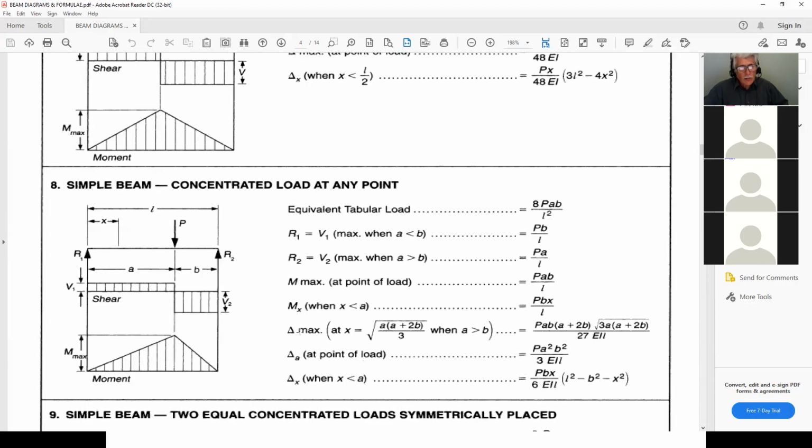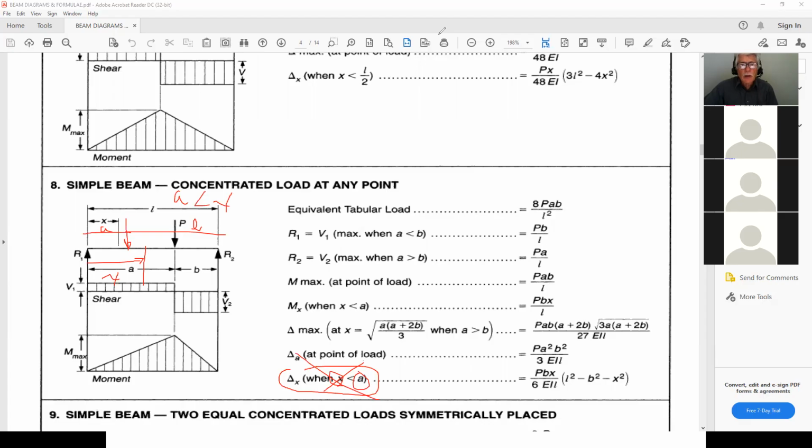I have a concentrated load here, but in order for me to use this formula, I can only use it when X is less than A. My load is here on my diagram, so this is my X value, this is my A value, and this becomes my B value. Since A is less than X, I wouldn't be allowed to use this.